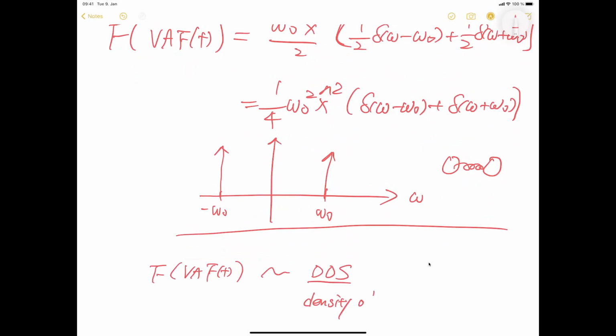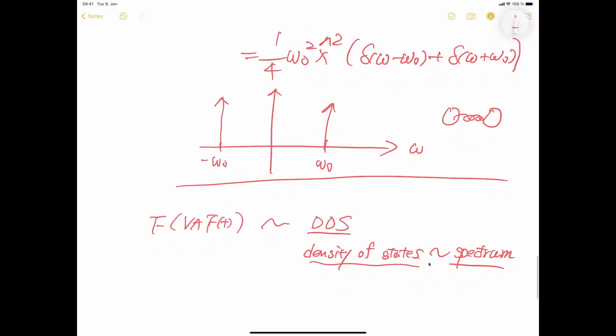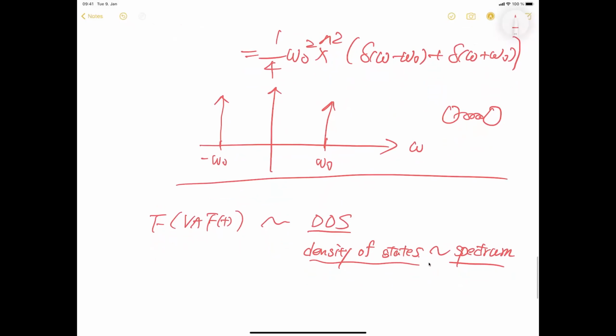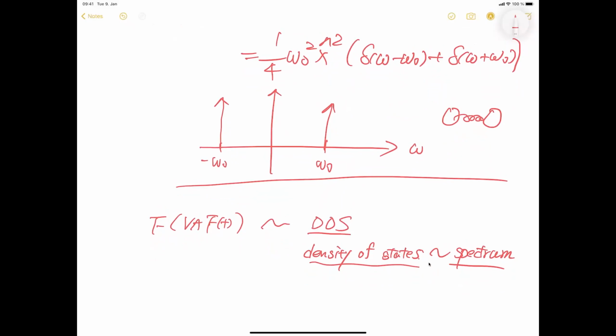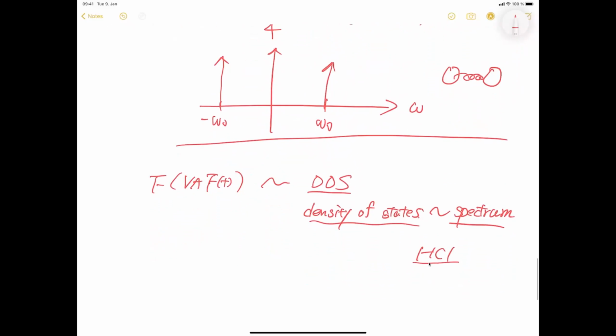Maybe you are not familiar. Actually, this is related to the spectrum of the molecule. So I have provided you a Python script to calculate the Fourier transform of the velocity autocorrelation function for this molecule, hydrogen chloride, with the potential using the Morse potential.